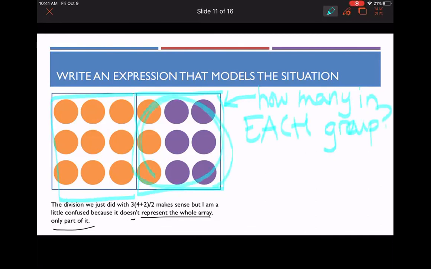We only want to see how many are in one group, not in both groups, even though both groups are still technically there in the picture. When we split this picture into 2 equal groups, our question was, we want to look at only one group. So I wanted to make sure that was clear for everybody to see.